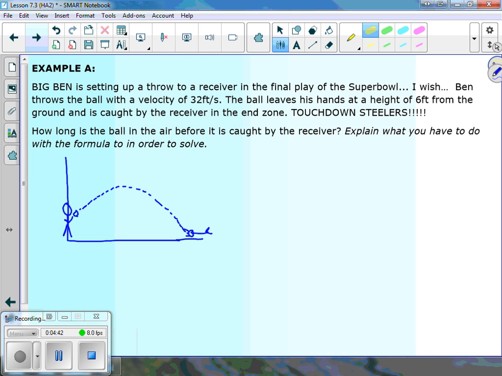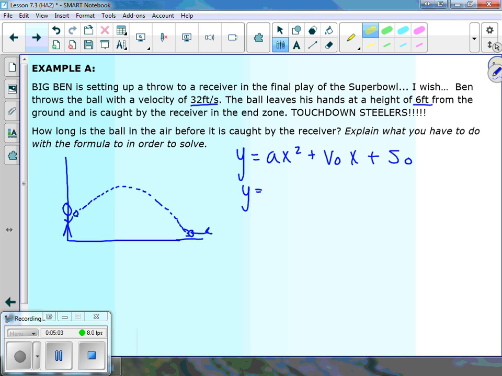We're going to set up our formula as y equals ax squared plus v sub 0 x plus s sub 0. And we're going to plug in 3 values for a, v sub 0, and s sub 0. If you notice, all of our units in this problem are in feet.